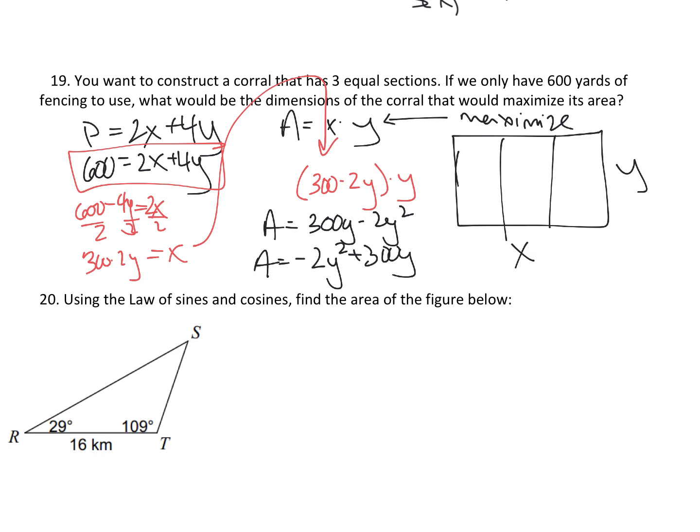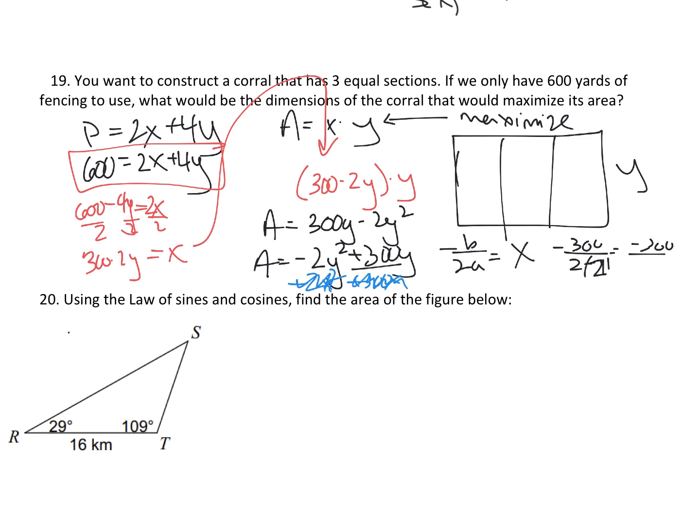And now I have to find the maximum. I know this is in terms of y, but just imagine for a second it's an x equation. If I wanted to find the maximum of something that's quadratic in nature, I can just use the max equation, negative b over 2a. So I'm going to do that just for the y component. This is my b, so negative 300 over 2 times -2, which is negative 4.